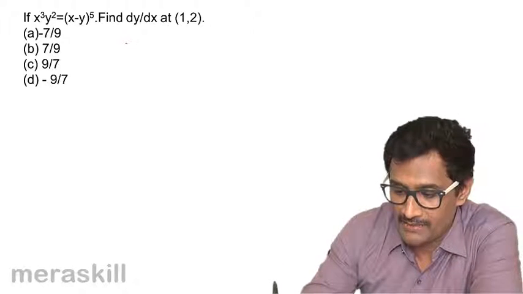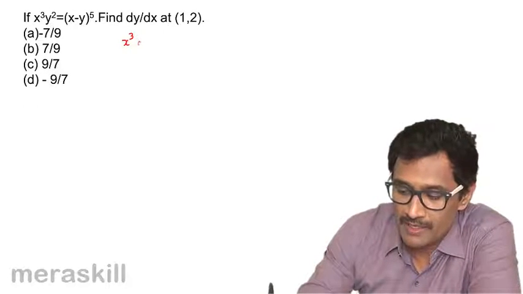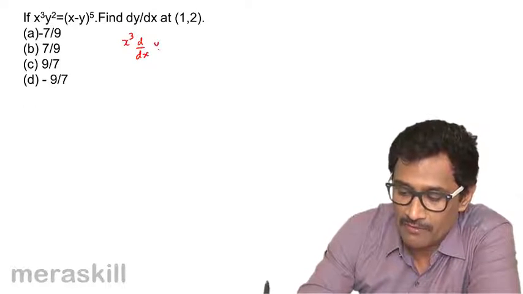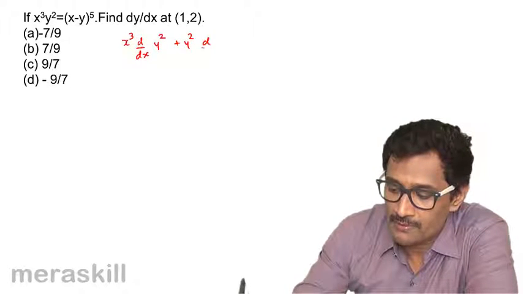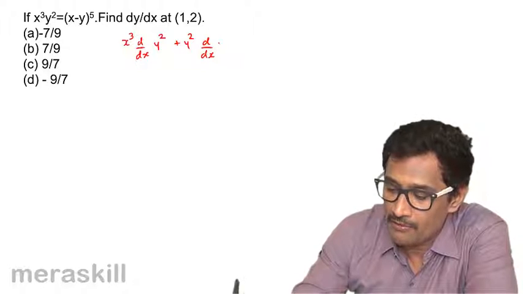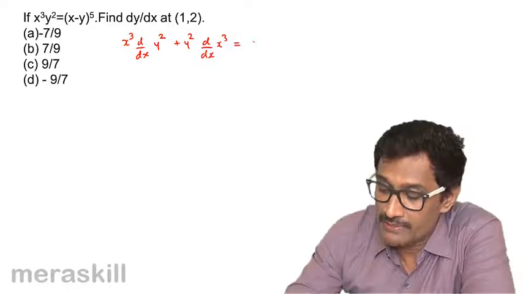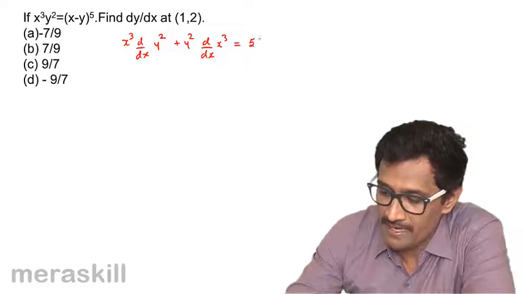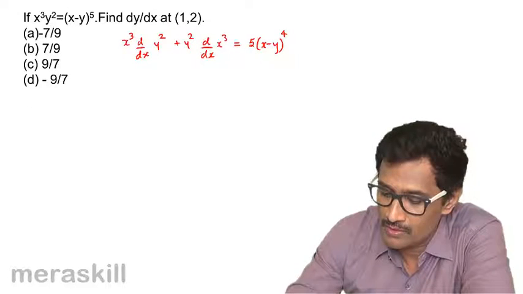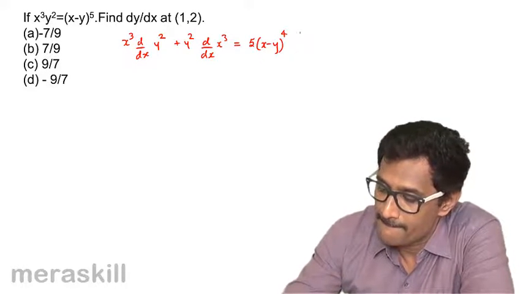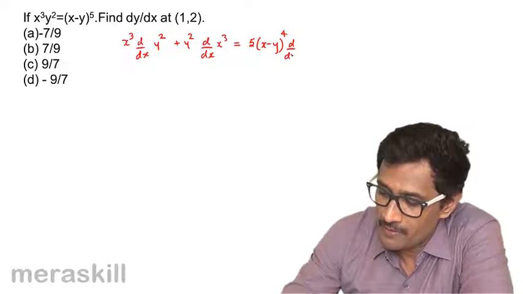So it's going to be x cubed into d by dx of y square plus y square into d by dx of x cubed is equal to d by dx of this, which will be 5 into x minus y raised to 4 into d by dx of x minus y.